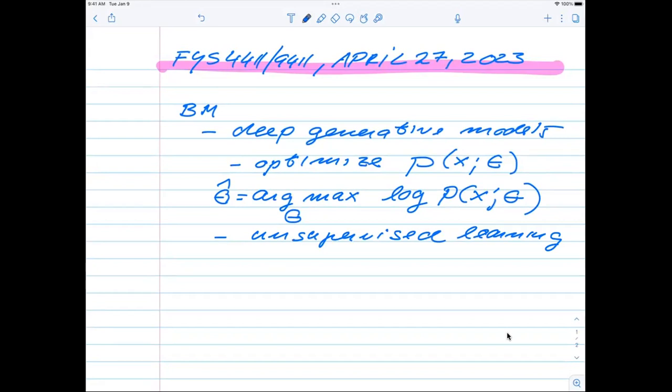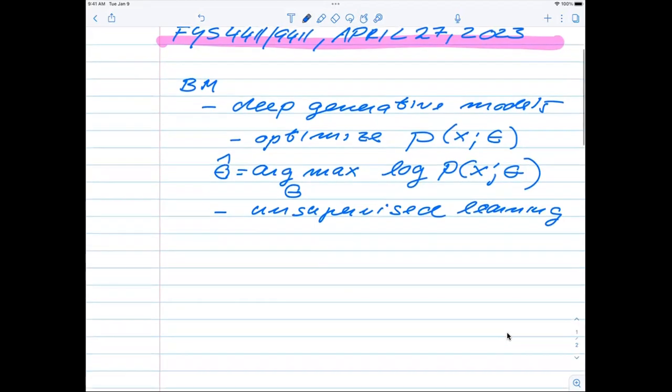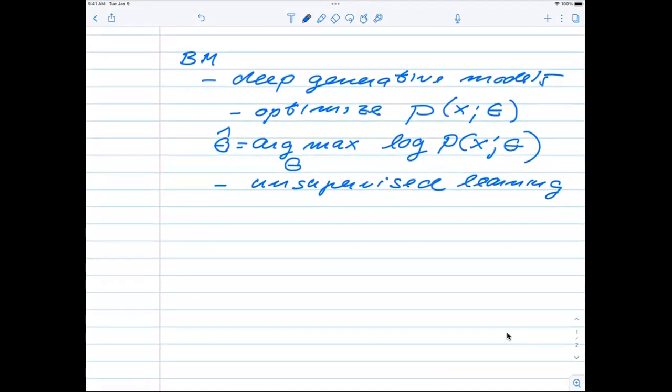So I want you to keep this distinction in mind between the deep generative models, which are typically represented by these Boltzmann machines. And when we look at a Boltzmann machine, that is something which takes into account the Boltzmann distribution.